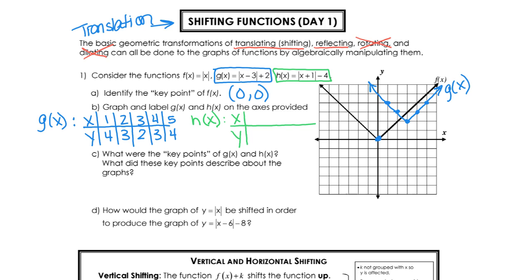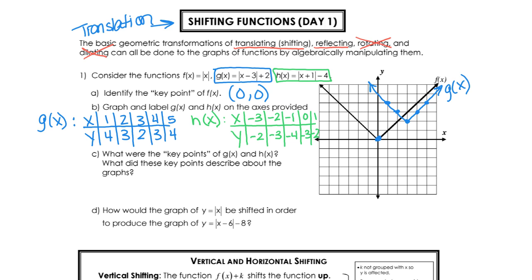All right, so looking at our table, negative 3, negative 2 we're going to use, negative 2, negative 3, negative 1, negative 4, 0, negative 3. I'm going to squeeze one more in there. We're going to do 1, negative 2. All right, so let's go graph them.